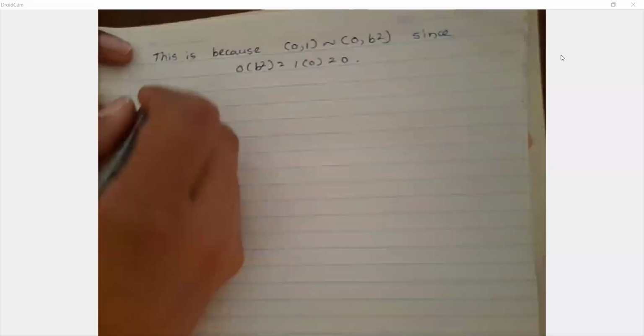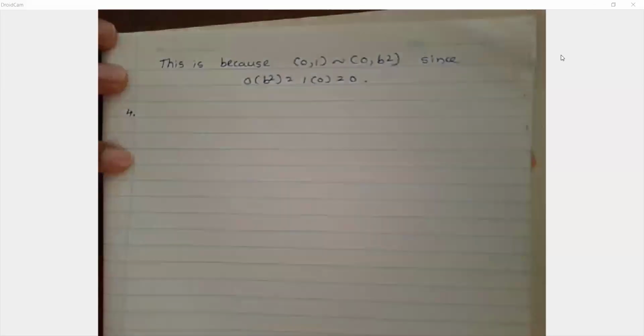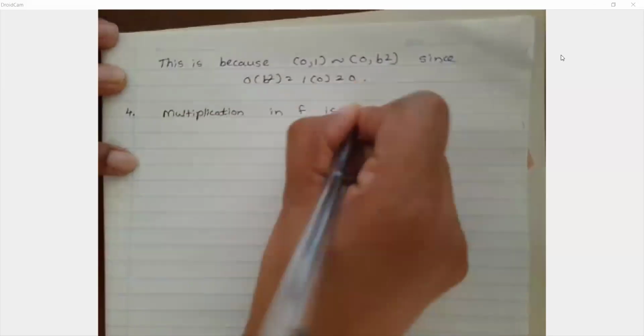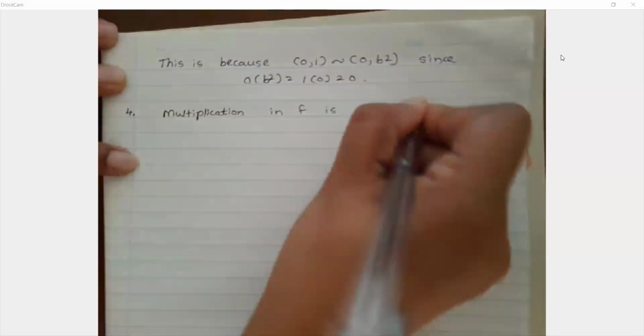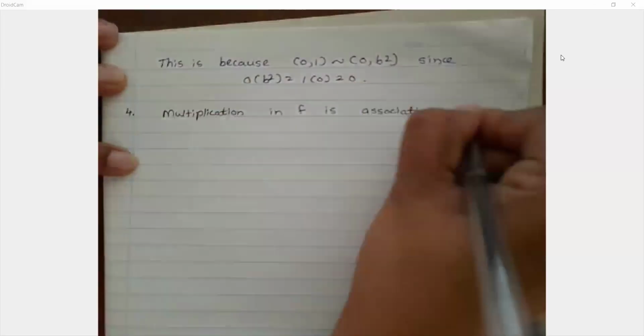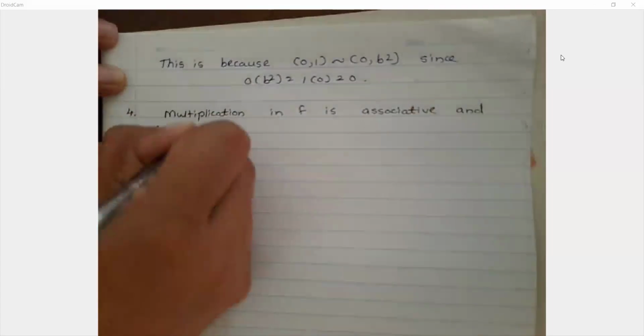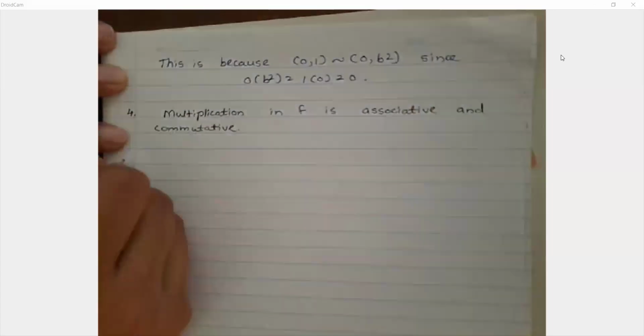Now the next property. 4. Multiplication in F is associative and commutative. This also I will leave to you.